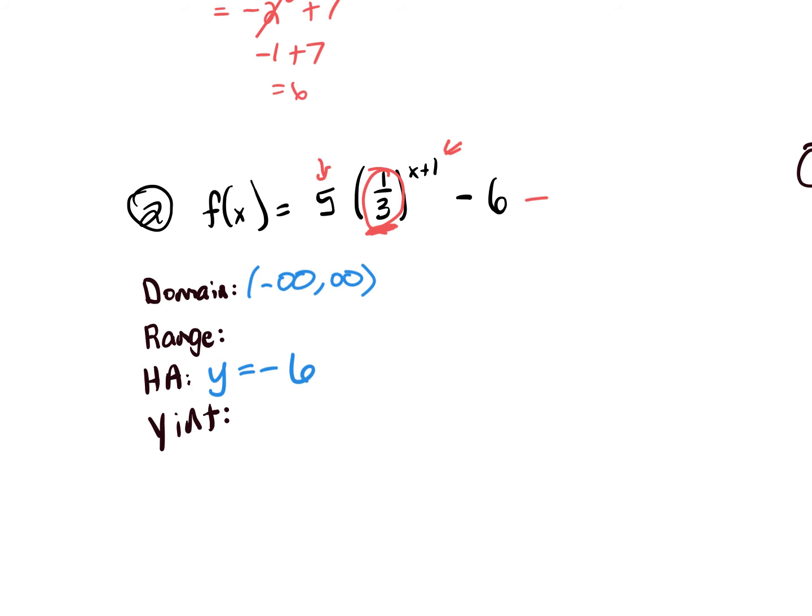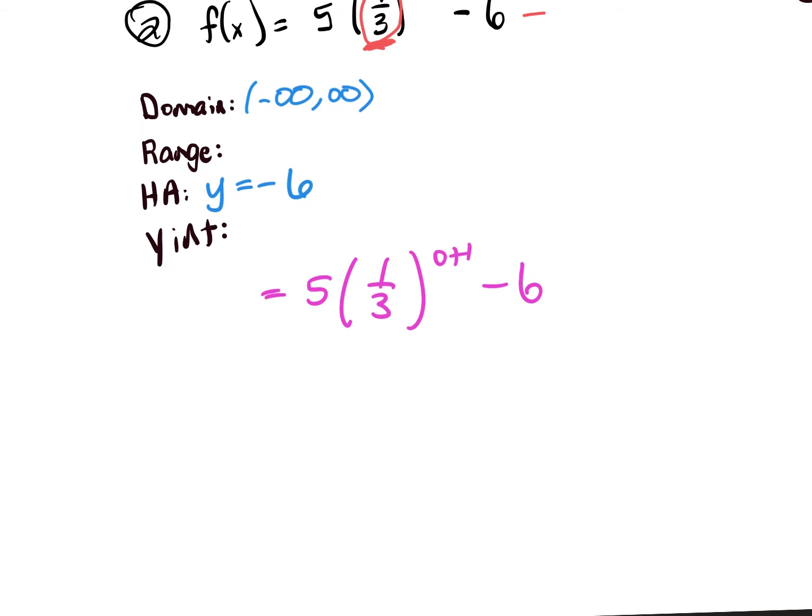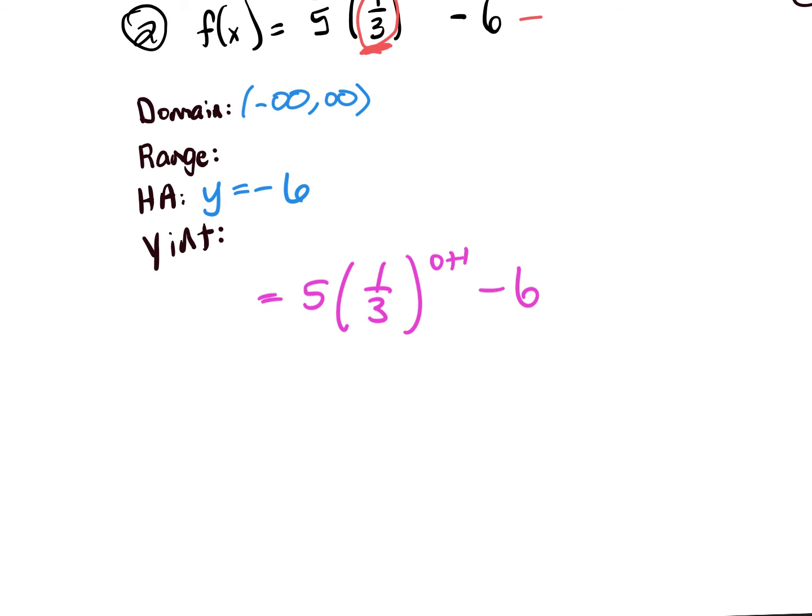Okay, so let's do that. We got a little bit of work to do here. I'm going to say 5 times 1/3 to the 0 plus 1, minus 6. What is 0 plus 1? So I have 5 times 1/3 minus 6. Multiply 5 and 1/3, you get 5 over 3 minus 6 over 1, right?